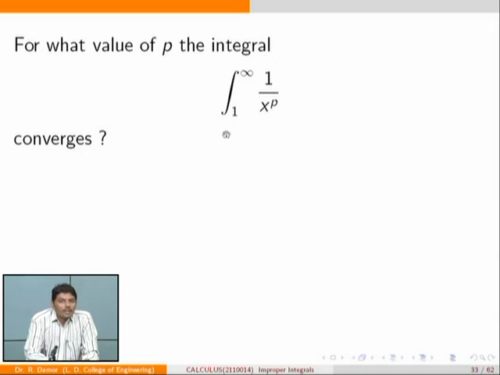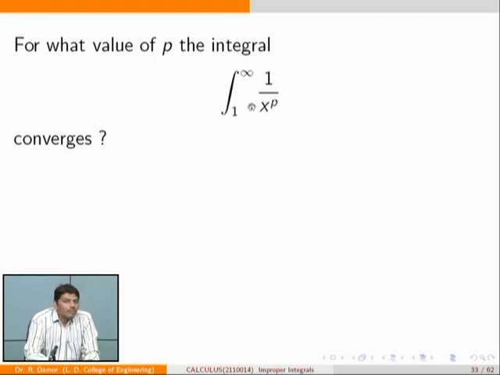You can recall that in the convergence or divergence of series, this is known as the p-series test. Here, an infinite series can be convergent, divergent, or oscillatory. Now, this is the use of the improper integral to say whether the series 1 upon x raised to p is convergent or divergent.